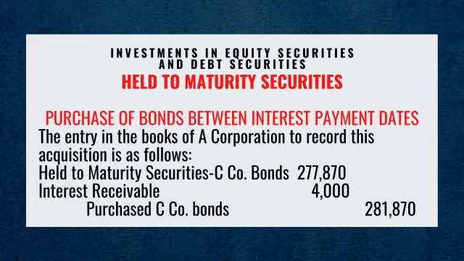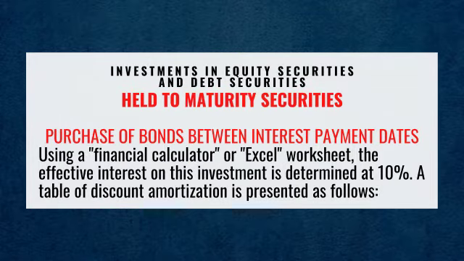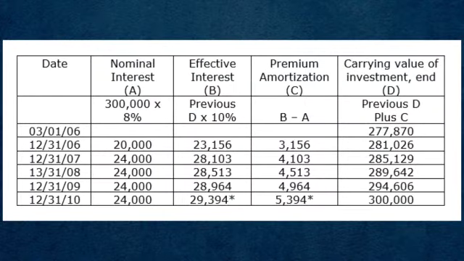Purchase of C Company bonds. Using a financial calculator or an Excel worksheet, the effective interest on this investment is determined at 10%. A table of discount amortization is presented as follows.